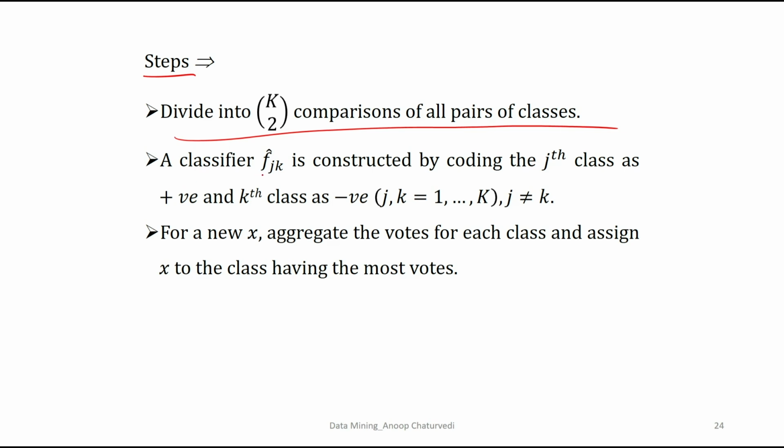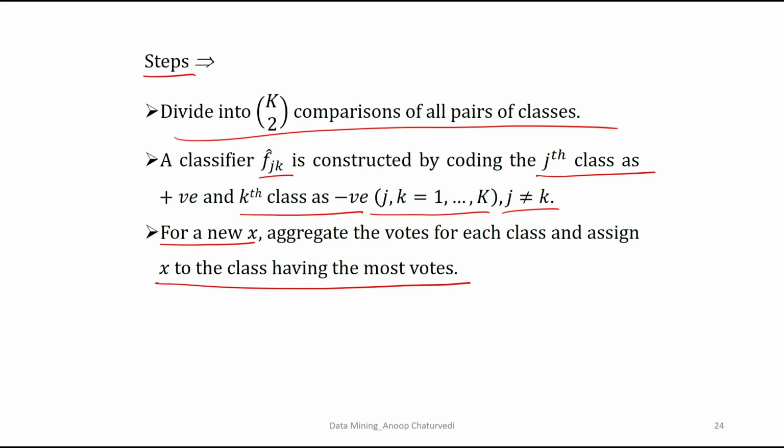Then a classifier f hat jk is constructed by coding the jth class as positive and the kth class as negative for all j, k equal to 1 to capital K and j not equal to k. And then for a new x, aggregate the votes for each class and assign x to the class having the most votes.